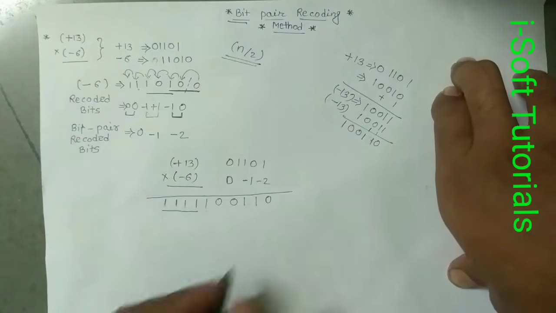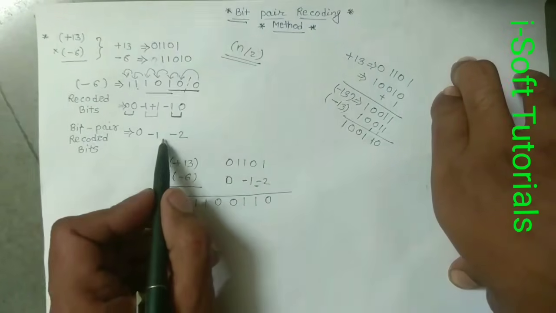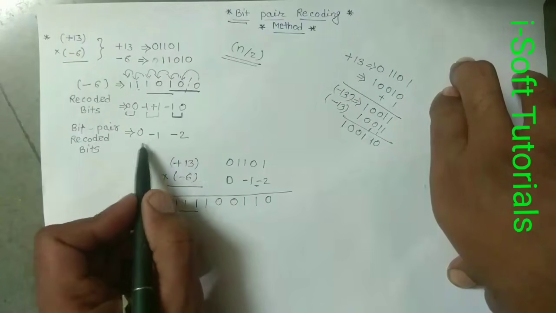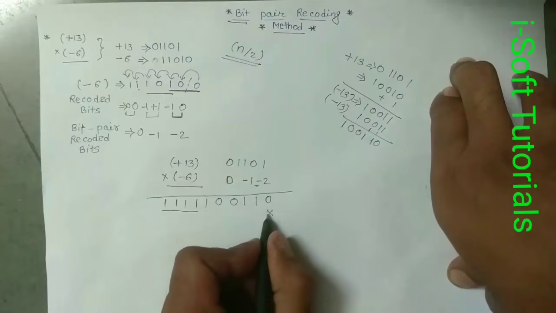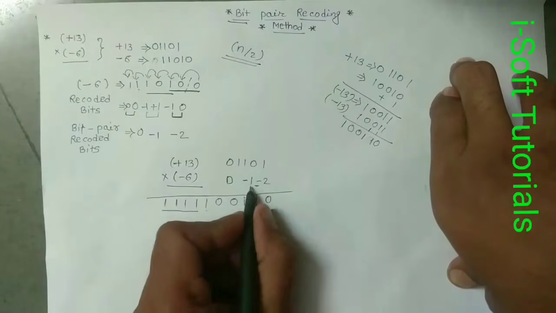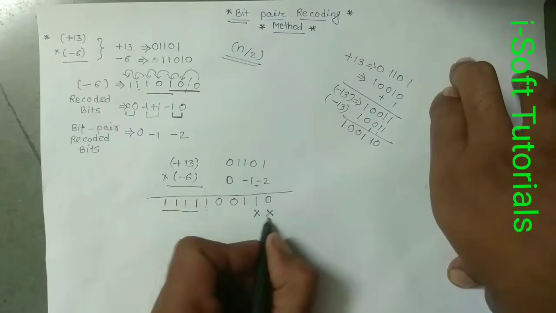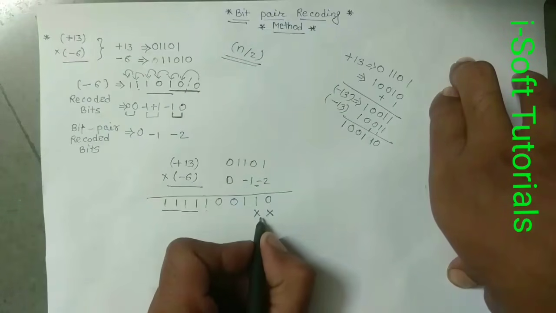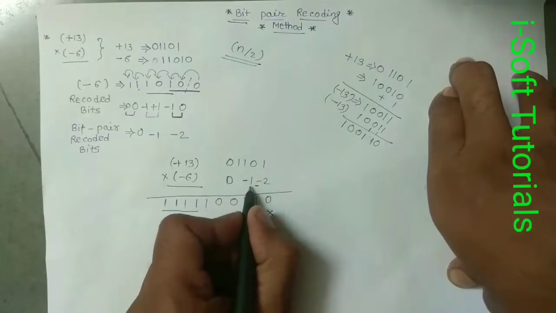I am underlining it for your understanding. Then for this position, what we have discussed is that we will use space in between. For this position we will add 1 shift, and for the next bit we will add a second shift. So for minus 1 we will get 2 shiftings here. When we are shifting by 2, that means we are writing the product for minus 1.